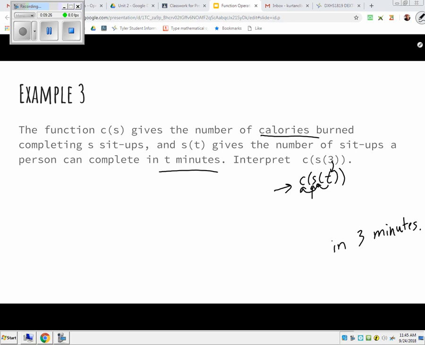Rather, if I just do this activity for 3 minutes in the middle, my outcome will be the number of calories burned in 3 minutes. And that would be my interpretation. You might say after doing situps for 3 minutes, the final answer gives me the number of calories that I burned.